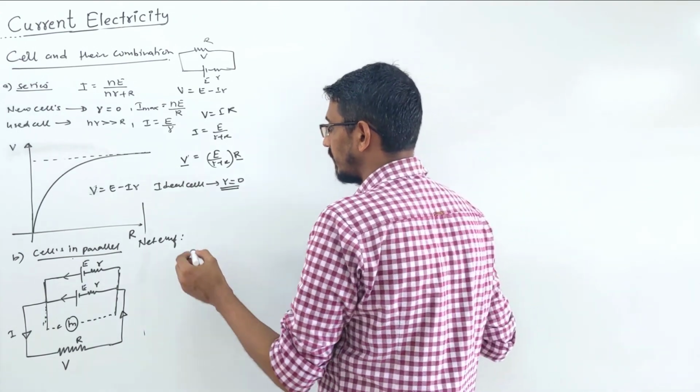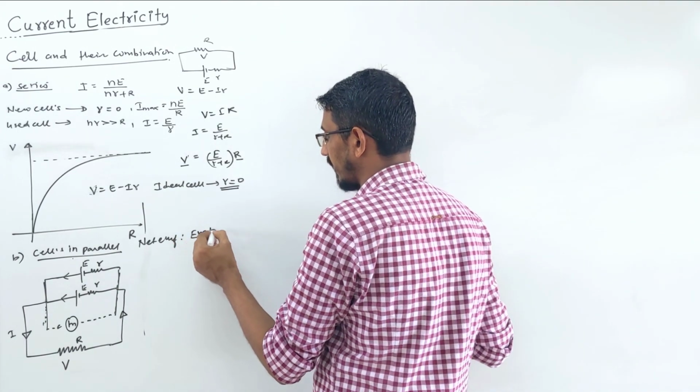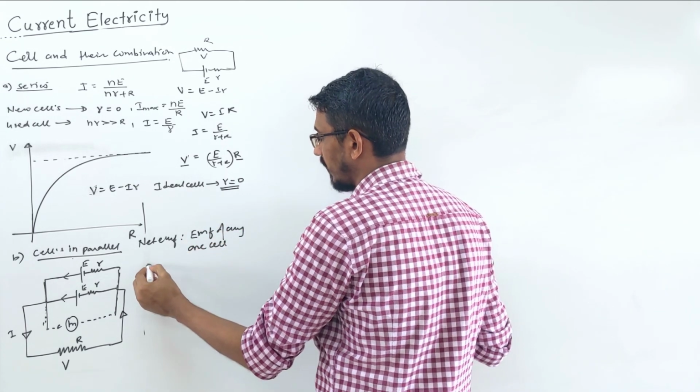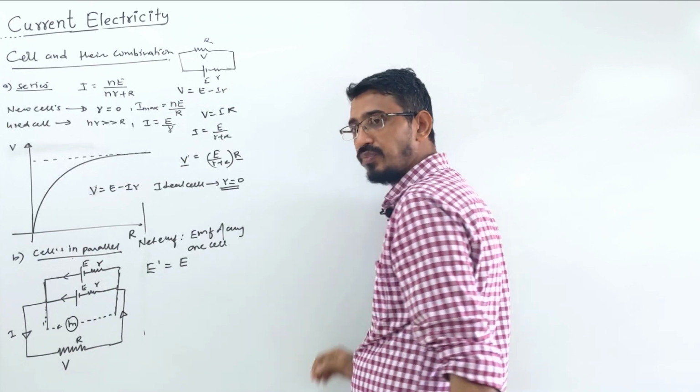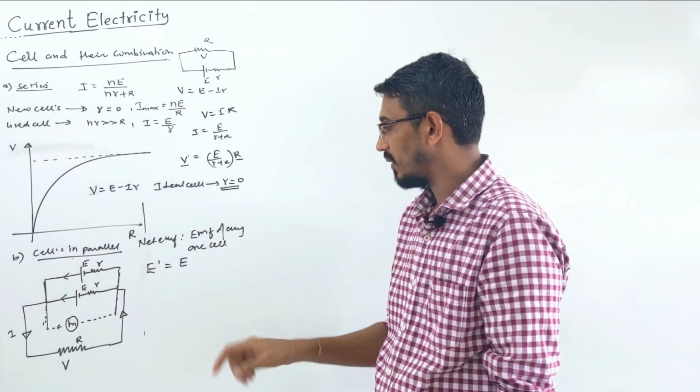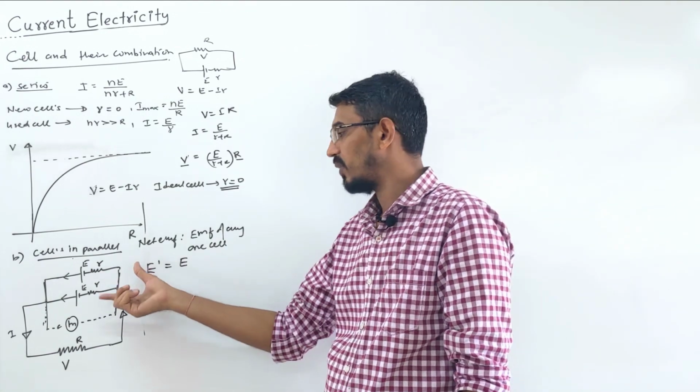Net EMF is the EMF of any one cell, so E dash is simply E only. You connect 2 cells or 100 cells in parallel of the same EMF, the net EMF will be E only. They will not increase the EMF.